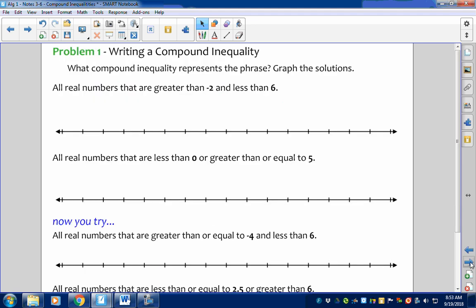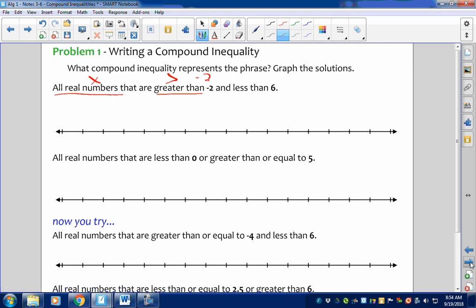We're going to write a compound inequality that represents the phrase, not interval notation, but using inequalities. So here we go. We're going to do this together. It says all real numbers. That's going to be represented by just the letter x. So all real numbers that are greater than, that would be that symbol, and then negative 2.